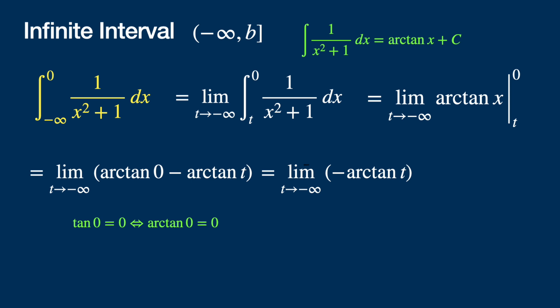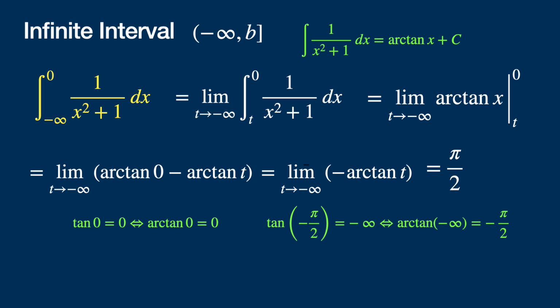So t approaches negative infinity, meaning we are looking for arctangent of negative infinity, which is the inverse of tangent. Let's find the tangent value. Tangent of negative pi over 2 is going to be negative infinity, which means arctangent of negative infinity is going to be negative pi over 2. So this limit is going to be pi over 2.